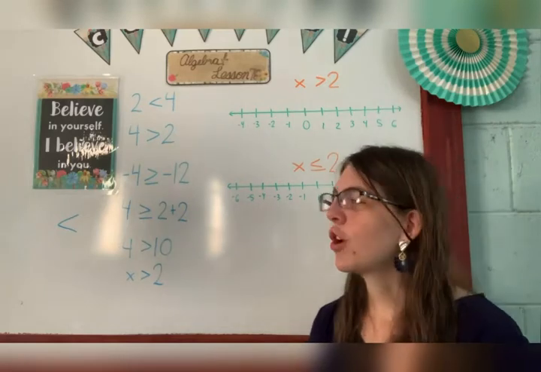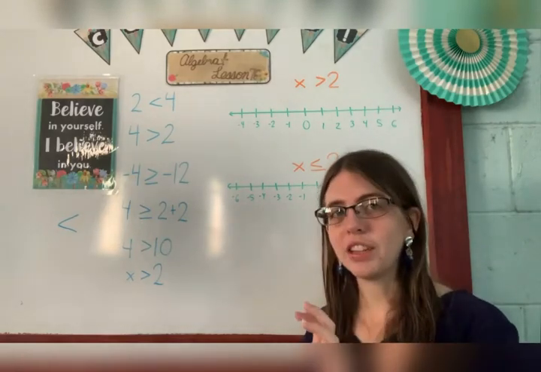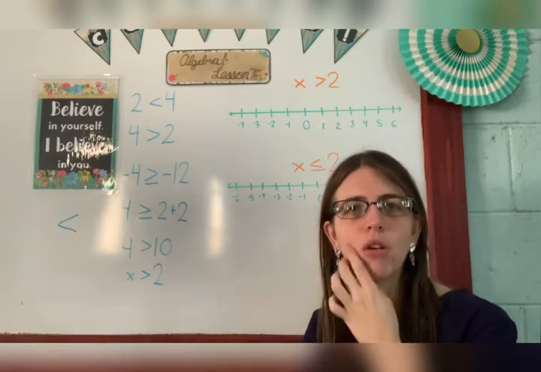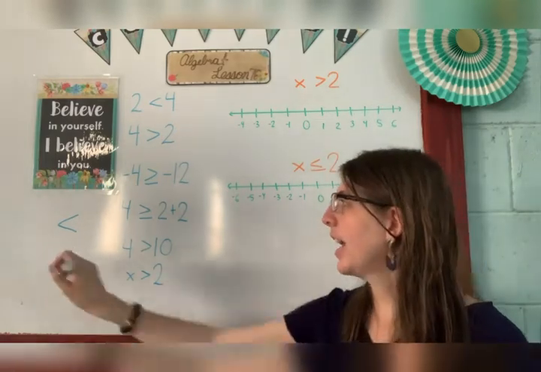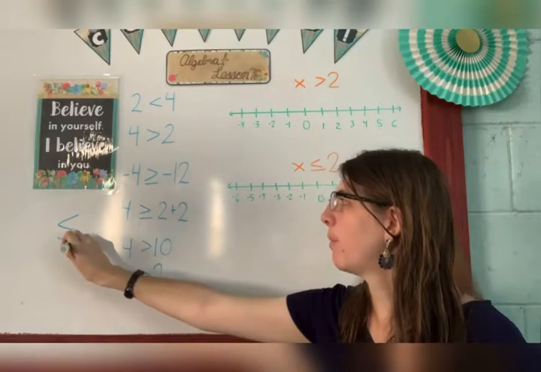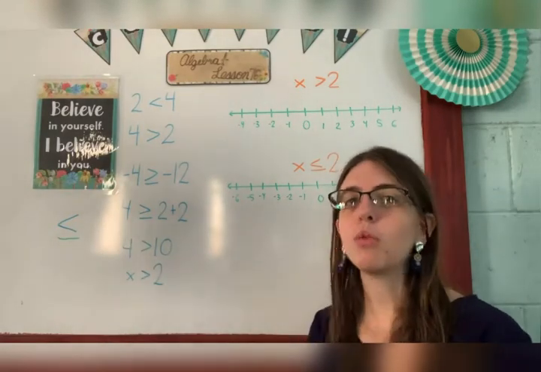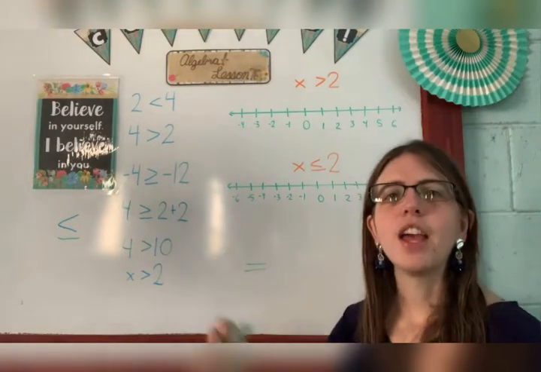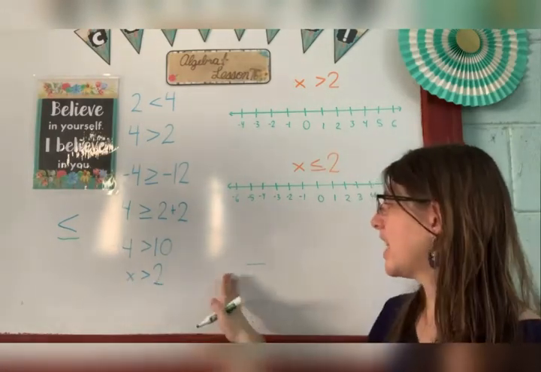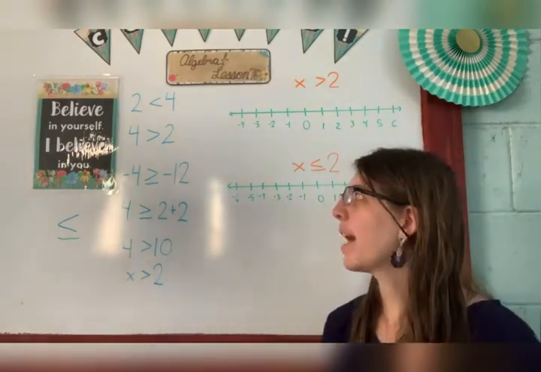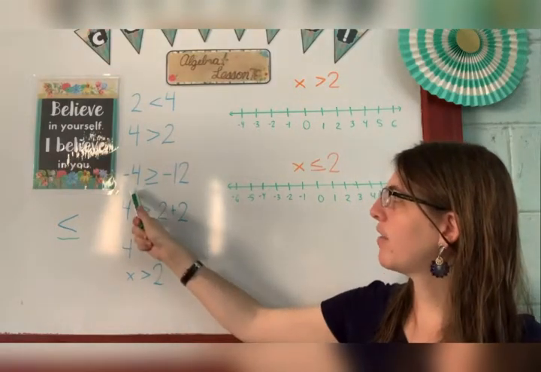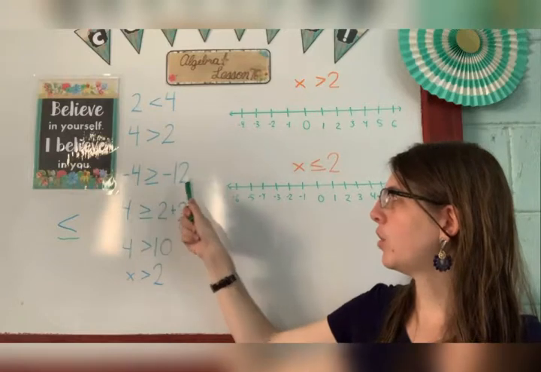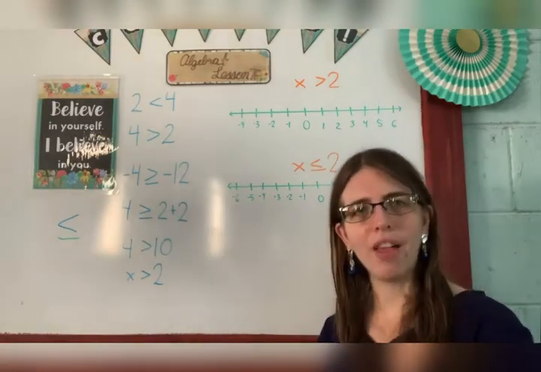Now, if I want to show that something could potentially be the same size, or maybe it's bigger or smaller, I add a line underneath the symbol. That adds the or equals to, because you know the equal sign is just two lines. So here I have -4 is greater than or equal to -12.